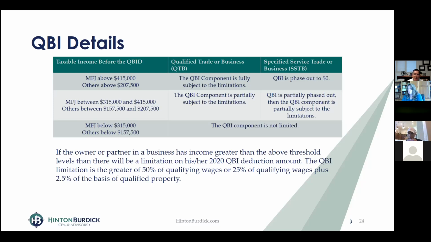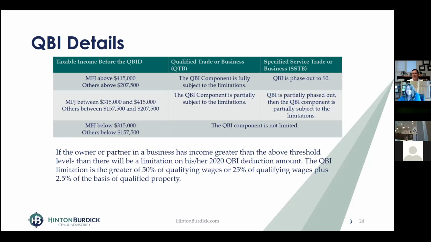The QBI details are, if you have an owner who is married filing joint and his or her total taxable income is over $415,000, then with a qualified trade or business, which most of the businesses participating in SUBA are, if their taxable income at the individual level is over $415,000 for married filing joint, or over $207,500 for those in the other categories, then they will be subject to limitations on the QBID on their tax return.